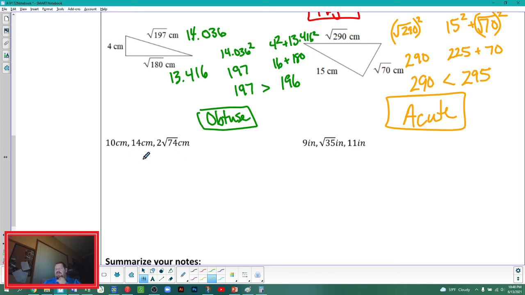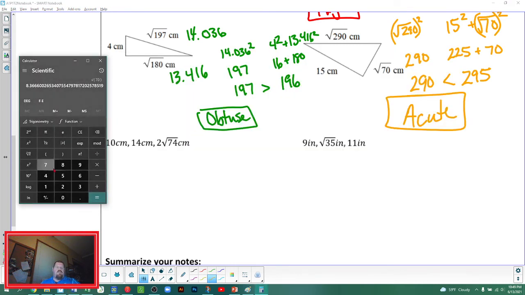These ones, whenever I write 3 in a row, it's always going to be that the last one is the longest one. Let's just figure it out. My brain's not working. 74 square root, that's what I was thinking.